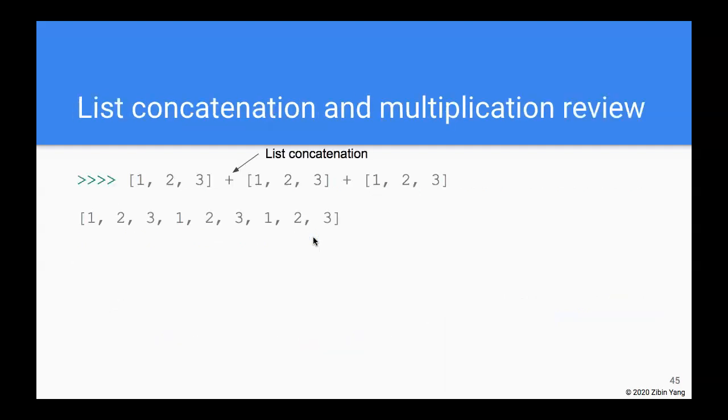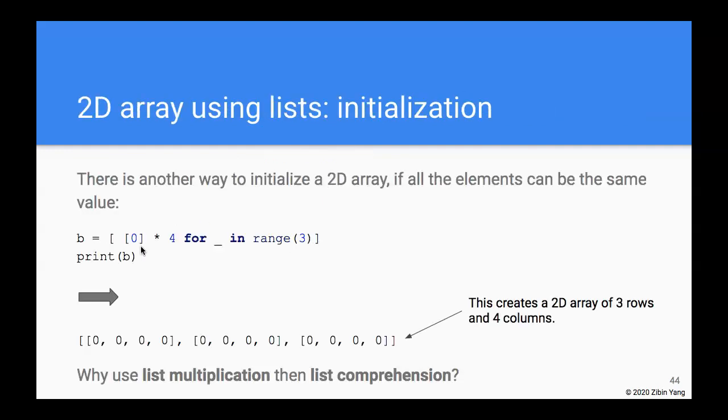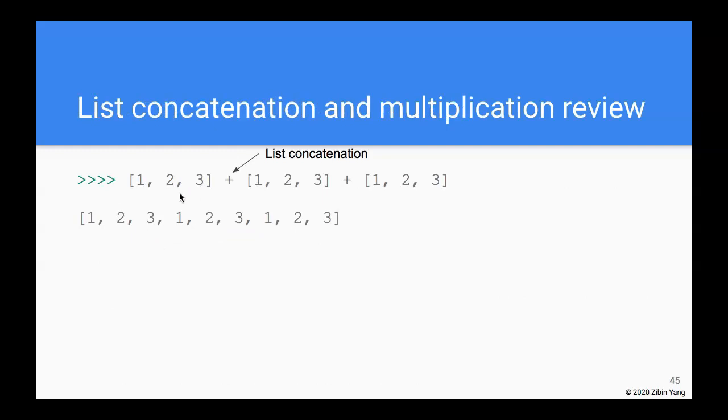In order to understand it, the first thing we want to review is what list multiplication is. We all know what list concatenation is, I assume by now: given lists, if we just add them together, we get one list with all the elements of each of the lists we're adding.